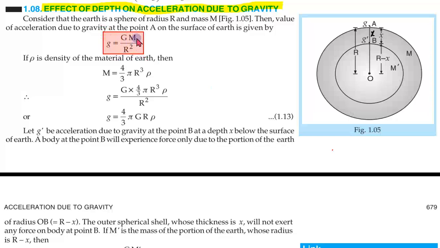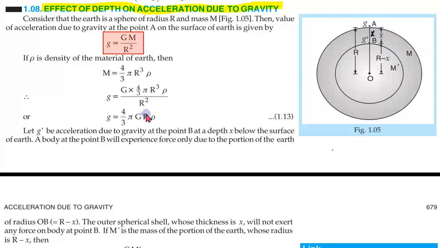Here I am using M because I consider the whole body, the whole mass. So for point B, or for g dash, let us first calculate the g value.